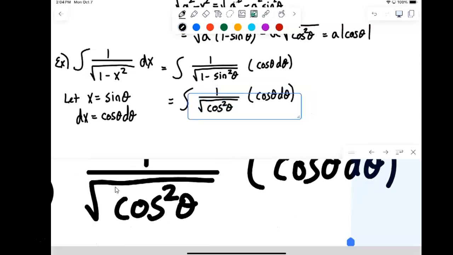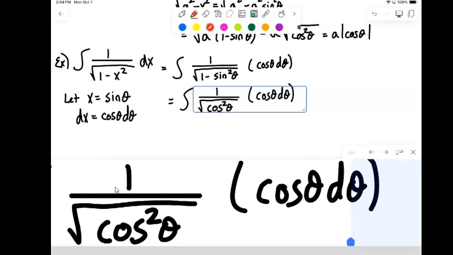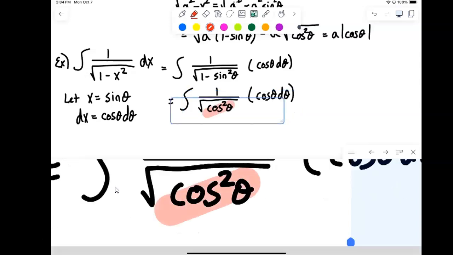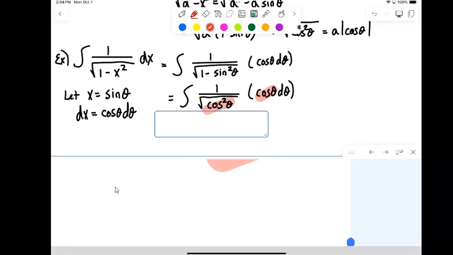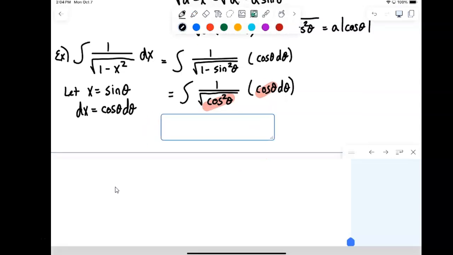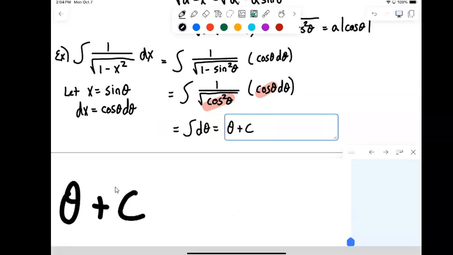And well, the square root of cosine squared, normally that'd be absolute value, but when we do these problems, we treat it to be positive. So the square root of that's just going to be cosine, and that's going to cancel with the other cosine. So we literally now just have the integral of d theta, which is just theta plus a constant.